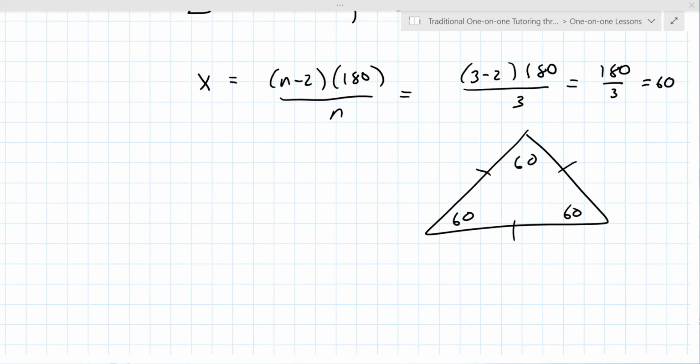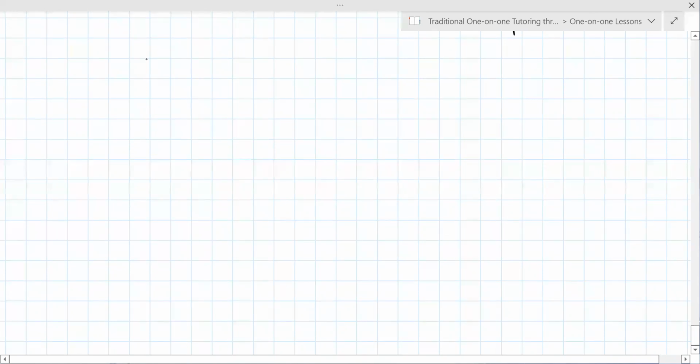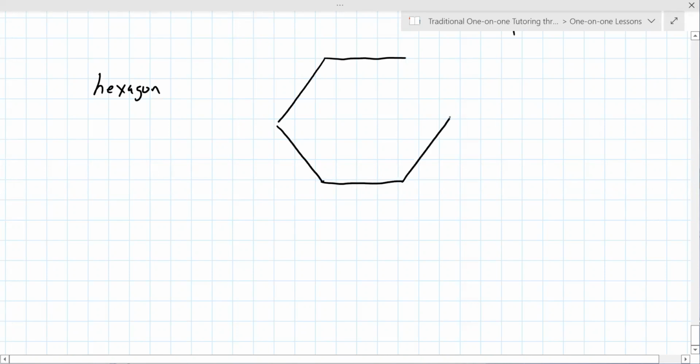So we can do the same thing for a pentagon, which is probably the next reasonable one to do, or a hexagon. Let's do a hexagon because that one will come up a lot in this class. In a hexagon, there are 6 sides. That's another thing you might want to write on your card or notes: hexagon, 6 sides.